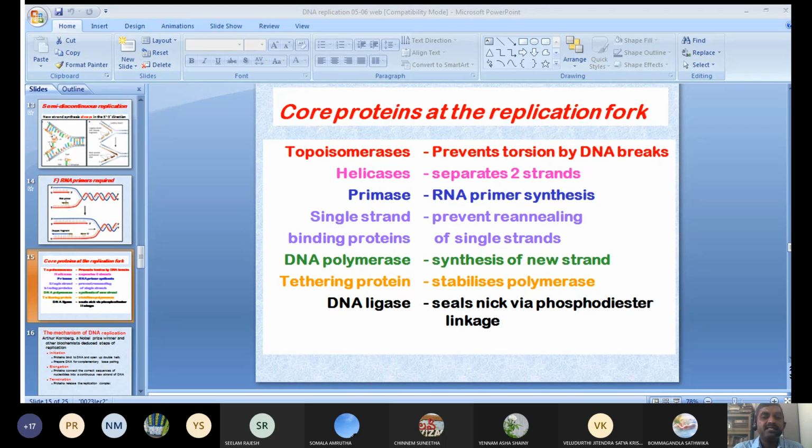Next, of course, the single stranded binding proteins prevent the re-annealing of single strands, and they also protect the DNA molecule from nuclease activity.